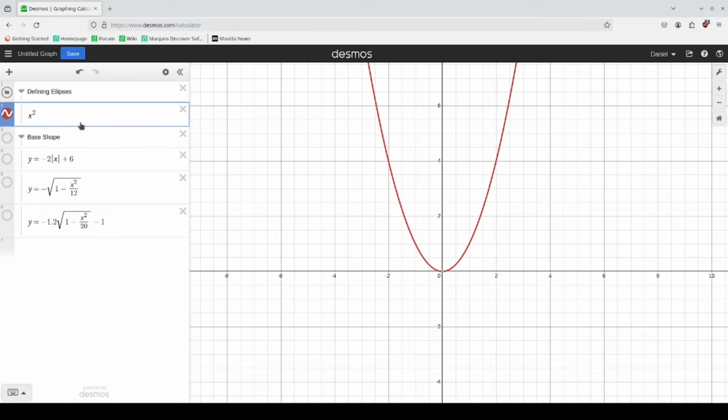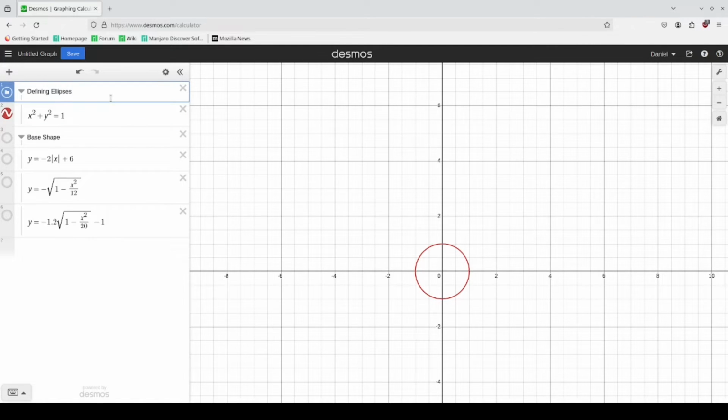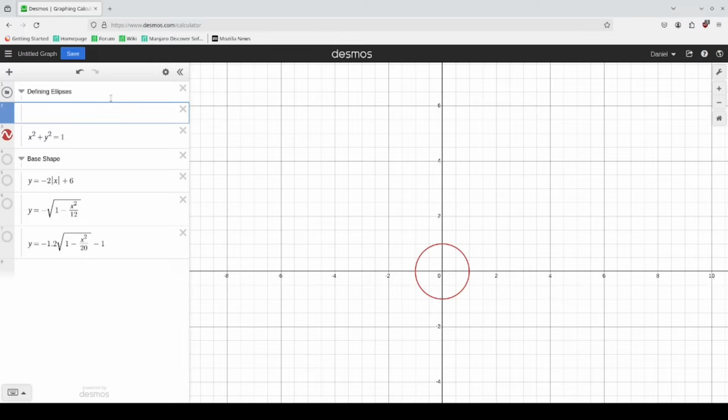Let's graph an ellipse. And this is going to be the inner ellipse that we're going to be going from. And so we'll mix some variables. I know books call them A and B for the horizontal and vertical scales.